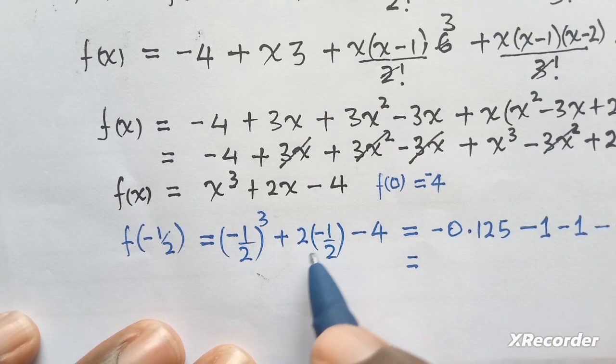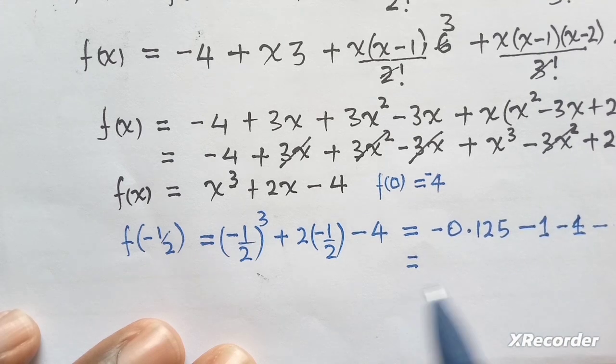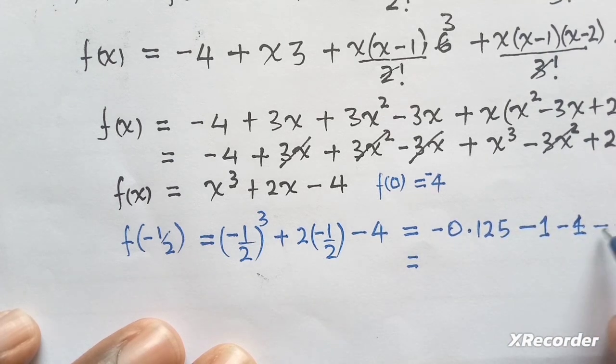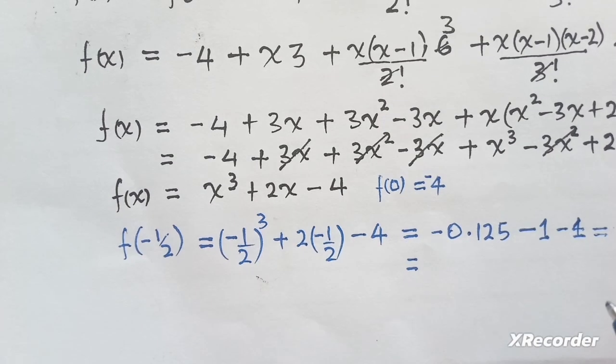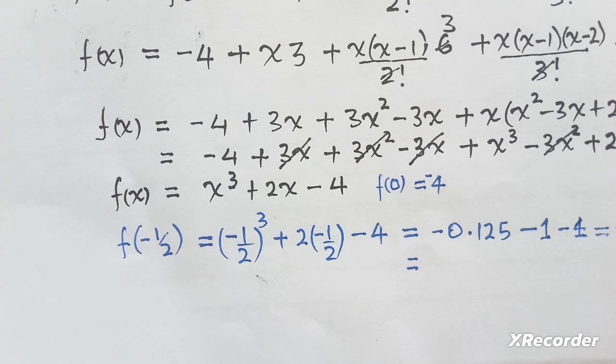So our answer then is going to be, let's calculate again, -1.125 minus 4.